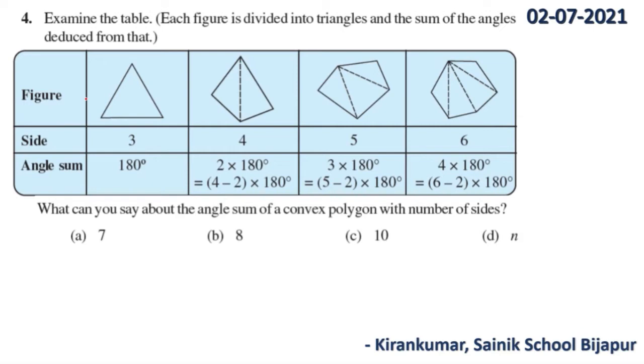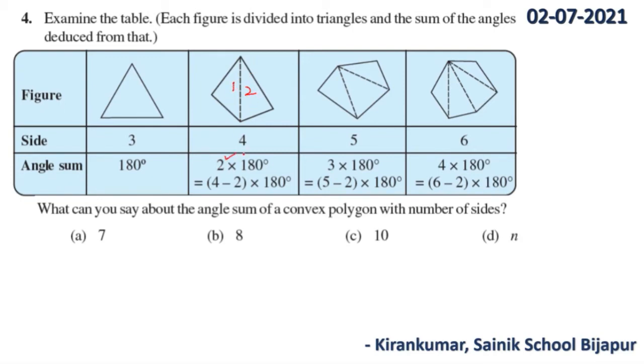Observe the figure here. For a triangle, the sides are 3 and according to the angle sum property, the sum of the interior angles is 180 degrees. For this particular figure, we have got 4 sides. It's a quadrilateral. If one of the diagonals is considered, there will be 2 triangles formed.